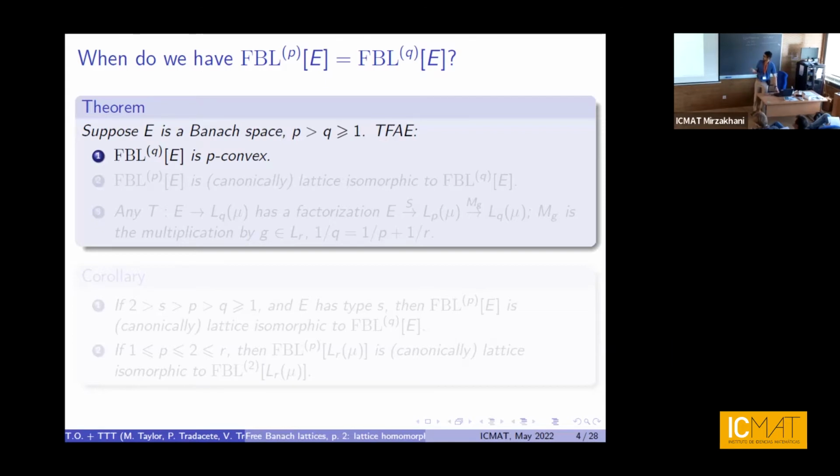The first one is that the Q convex free Banach lattice is P convex. So let me remind you of the definition of convexity.